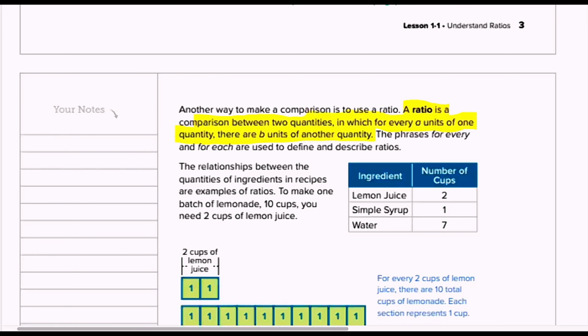For example, here we have ingredients for lemonade juice, and with these amounts we can make 10 cups of lemonade juice. If we have 2 cups of lemon juice, 1 cup of syrup, and 7 cups of water, we can make 10 cups of lemonade.